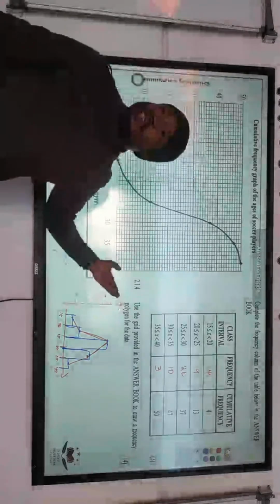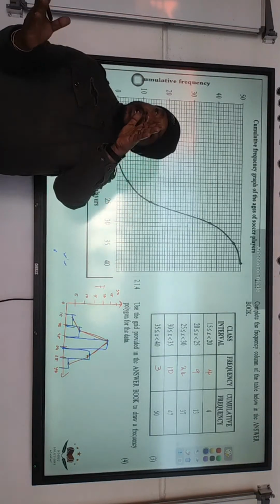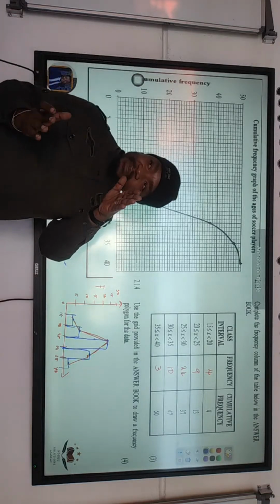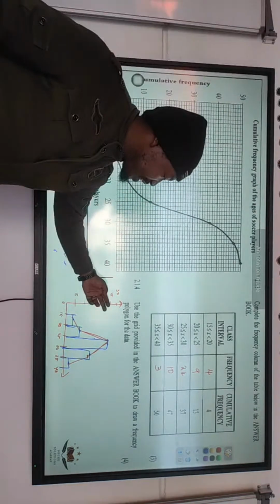Your scale must make sense. You can't say 5, then you write 9. The intervals of your scales must be the same.